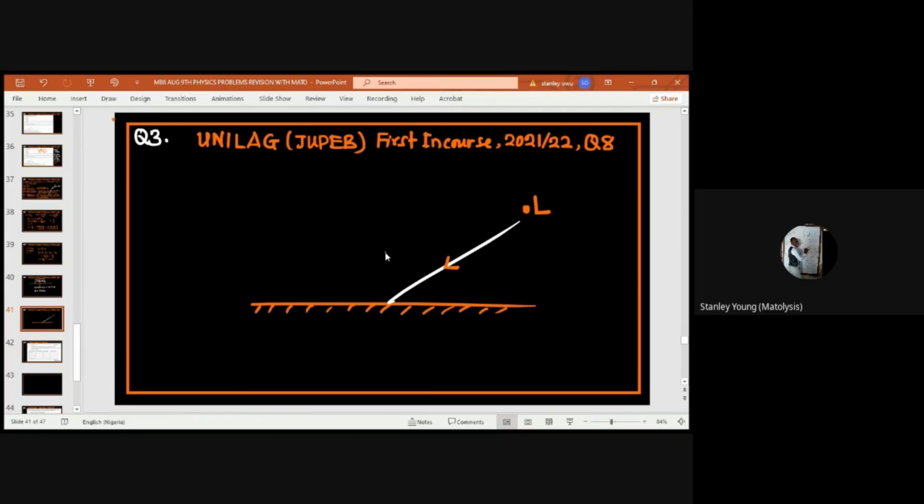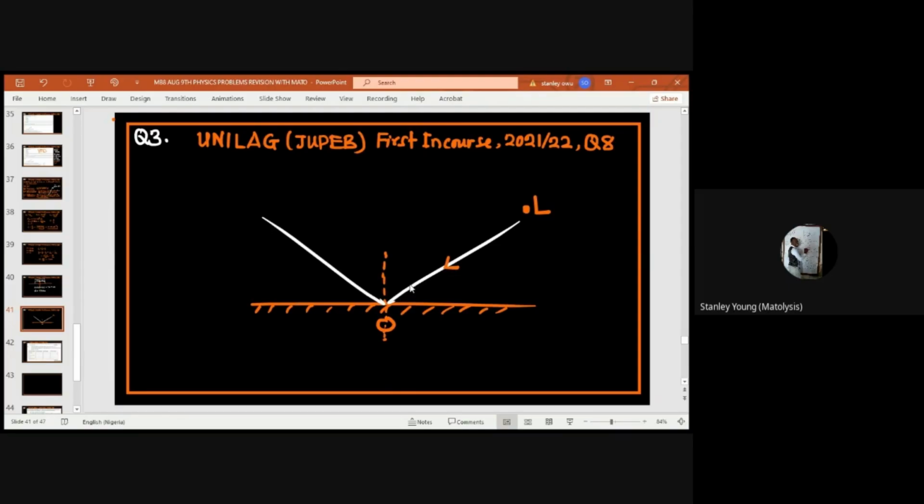You draw a normal at point O. Then you draw another line on the other side representing the reflection.